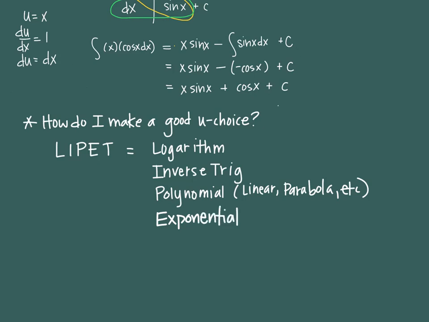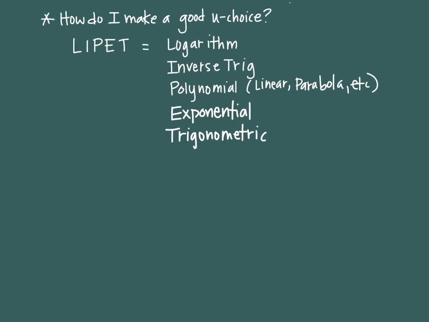And the very last thing that you would choose, and you're trying to avoid if at all possible, is a trig function, which in my case I had cosine, so I for sure didn't choose it because that would be the last choice to make. So using that little acronym will help you choose well when it comes time to making your u choice. So let's practice a couple more.